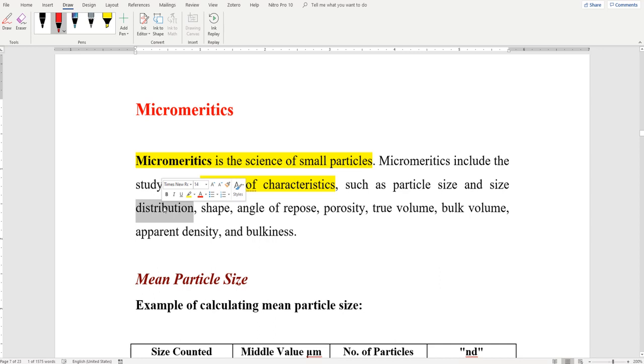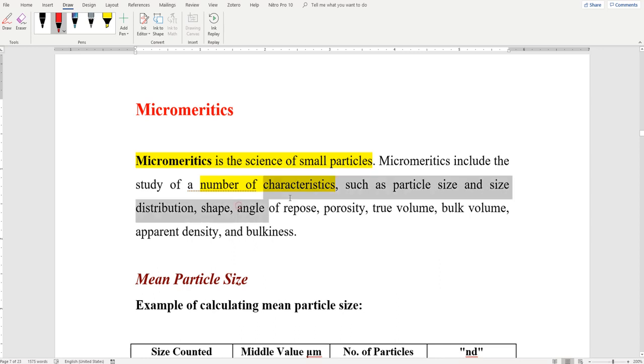We mean that the particles of any powder are usually not of the same size. Some of them will be a little large, some a little small, some in the middle, some very, very small, some very, very large. So there is a distribution of particles, and you want to study that. So that's micromeritics. The shape of the particle can be like a fiber, it can be spherical, etc.